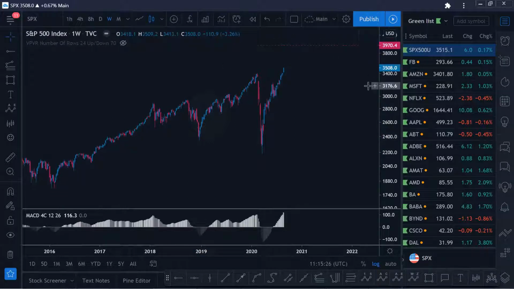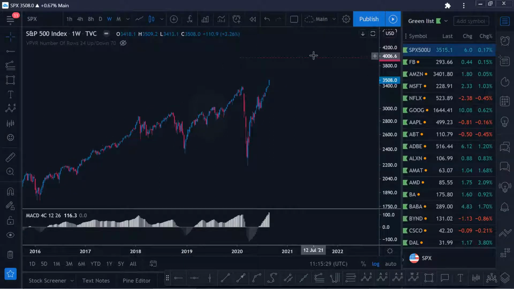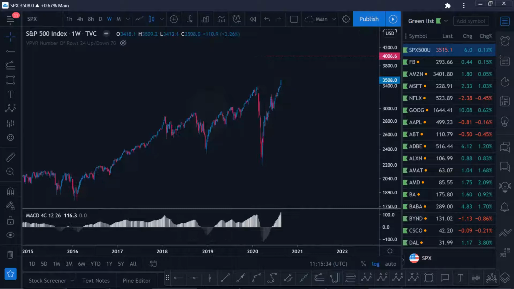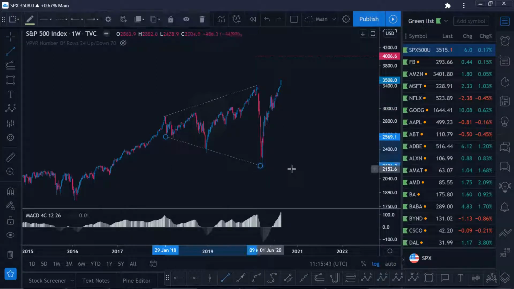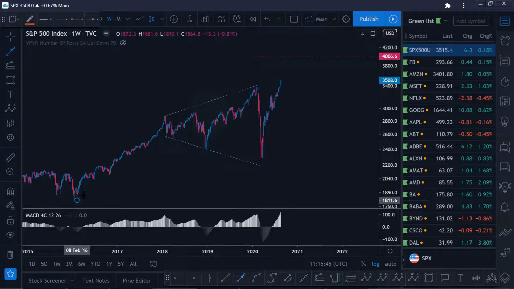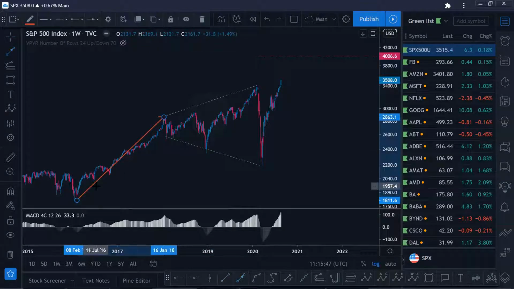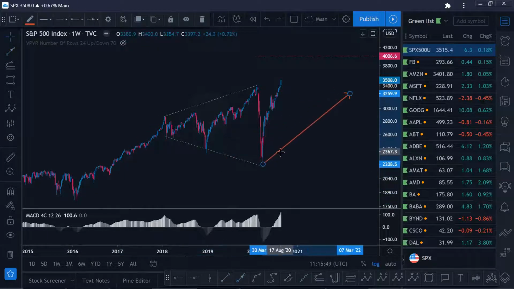I think upside targets for this are conservatively speaking around about that 4,000 level. So just to be clear, what we're trading is this expanding triangle is our corrective portion of the structure, and the preceding impulse would be this one. We are trading this up.